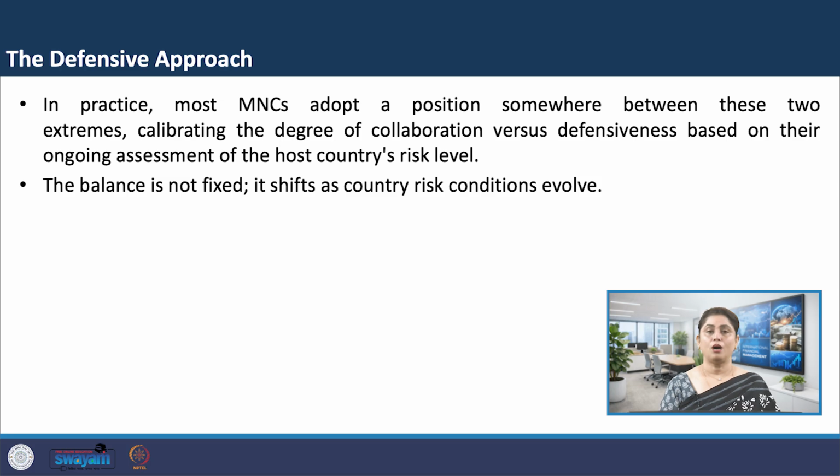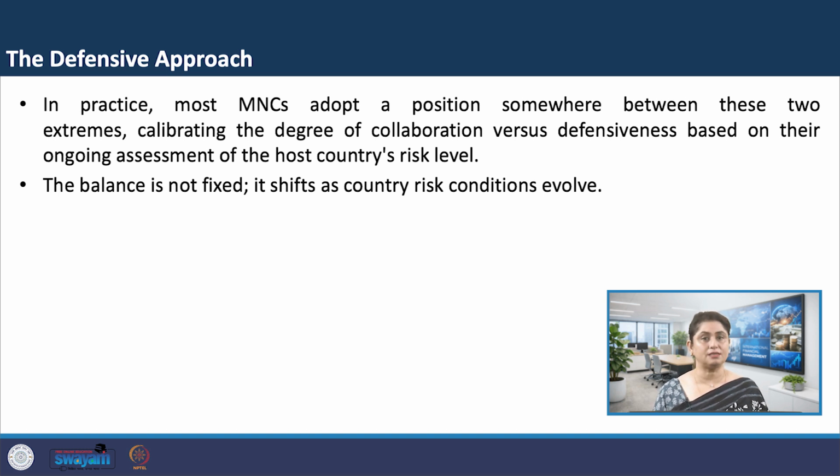In practice, most MNCs adopt a position somewhere between a fully collaborative and a fully defensive approach, calibrating their degree of local integration and control based on their ongoing assessment of the host country's risk level. And critically, this balance is not fixed. It shifts as country risk conditions evolve.